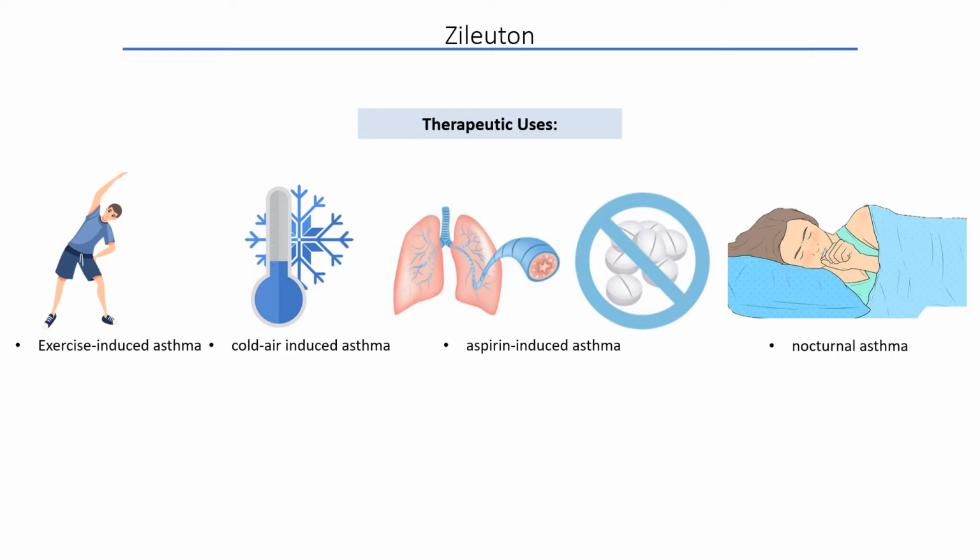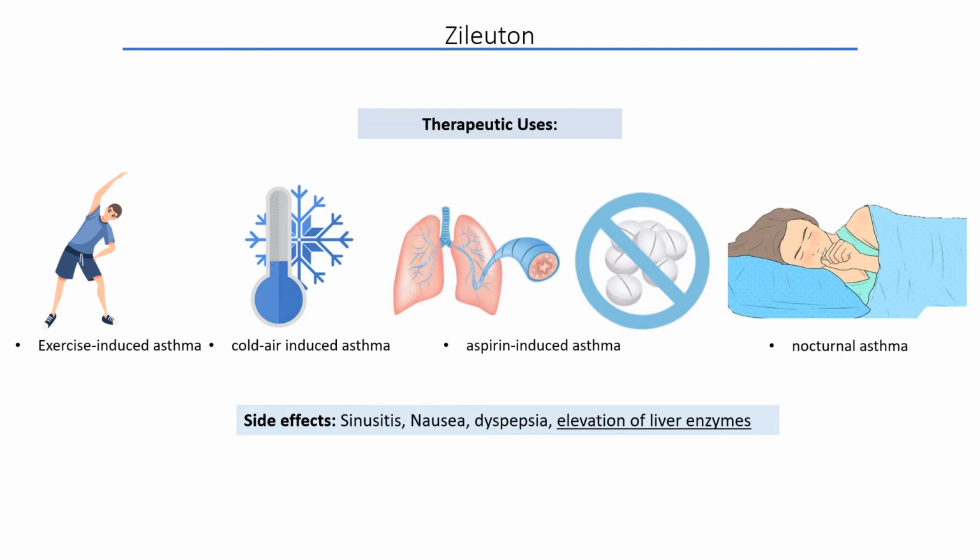The most common side effects reported were sinusitis and nausea, and the occasional dyspepsia. And the most serious adverse effect is potential elevation of liver enzymes. Approximately 3% of individuals will have alanine transaminase levels that are 3 times higher than normal when receiving this medication.